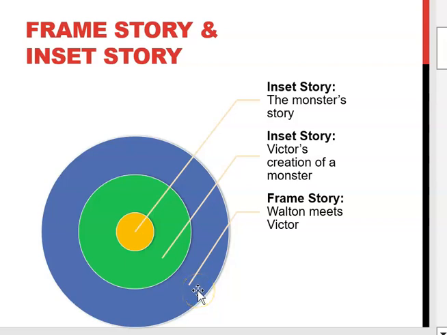Letter number 1. The novel starts with four letters written from the character of Robert Walton, who is an explorer on a journey to the North Pole. His part of the narrative is a kind of minor role, but it sets the stage for Victor Frankenstein to show up and provide his side of the story.